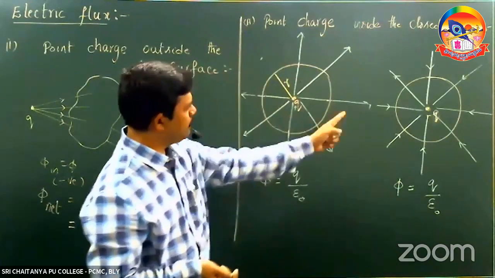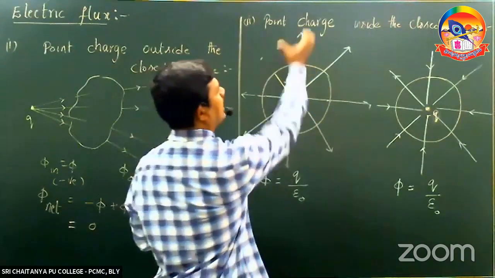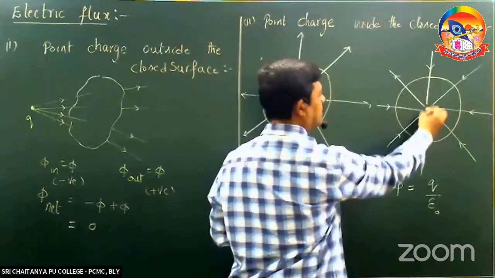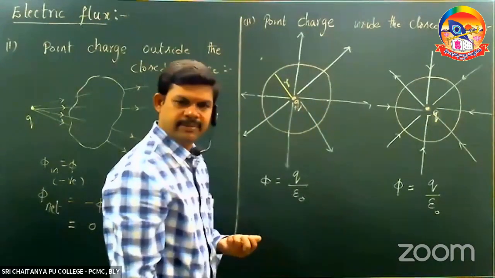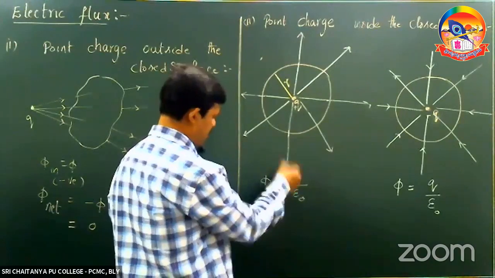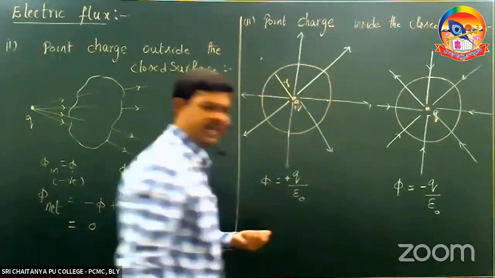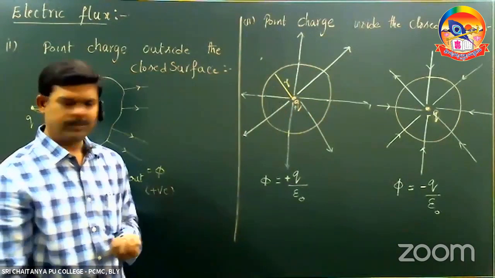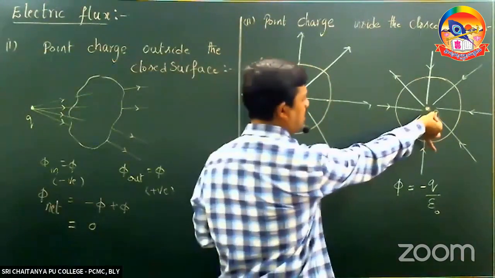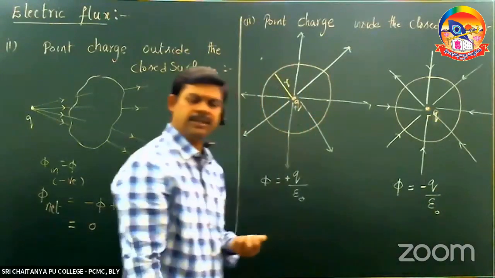But immediately from the diagram, what difference we find? This is a outward flux. This is an inward flux. Right? So this becomes positive. This becomes negative. Just polarity of the charge, you take it. That is enough. Whenever negative charge is placed inside, you take minus charge by epsilon naught.